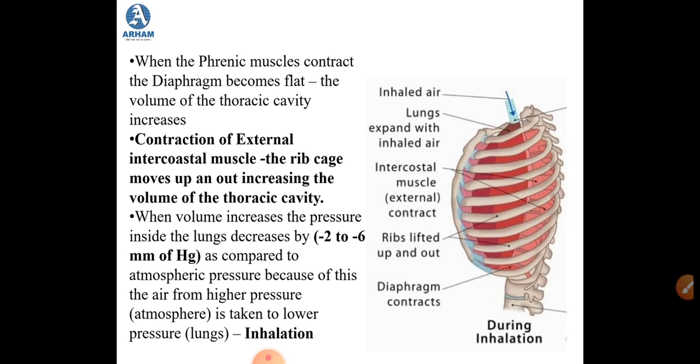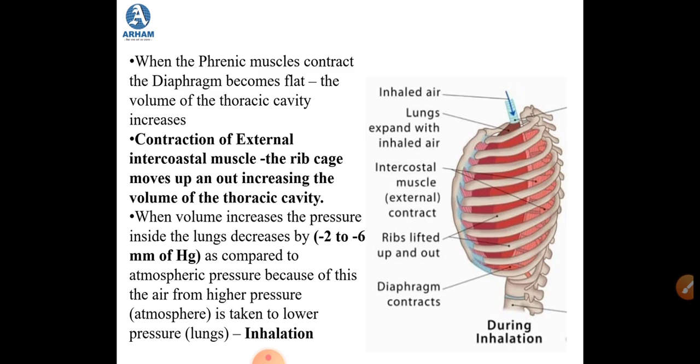When the volume of the thoracic cavity increases, the pressure inside the lungs decreases, by -2 to -6 mm of mercury. This pressure is negative in comparison to the atmospheric pressure, and because of this the air from the higher pressure, the atmosphere, is taken into the lower pressure, the lungs. This process is known as inhalation.